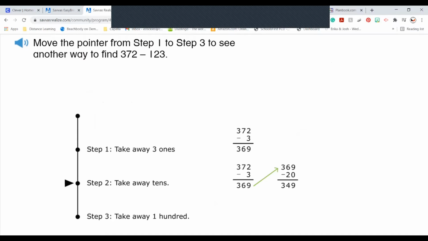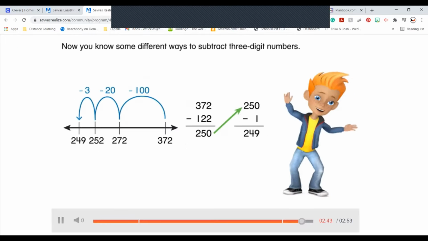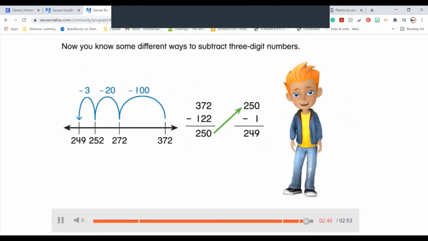And then they did 369, which is the answer they got to the first part, minus the 2 tens. And then they did the answer to that one minus the hundreds. So they did the beginning number 372 minus the ones, and then minus tens, and then minus the hundreds to get 249, which is still the same answer. Now you know some different ways to subtract three-digit numbers.